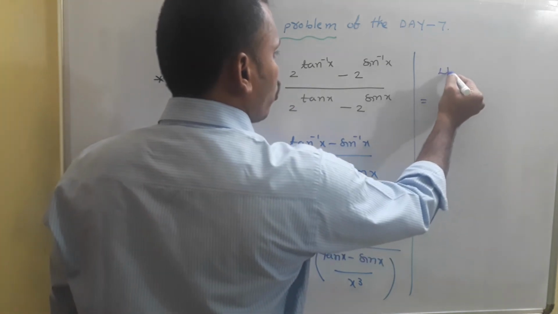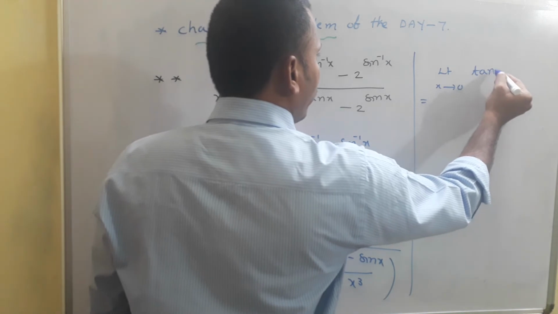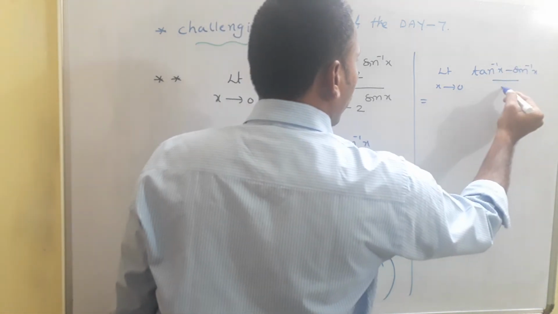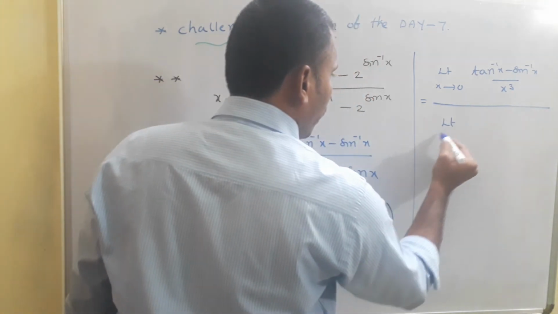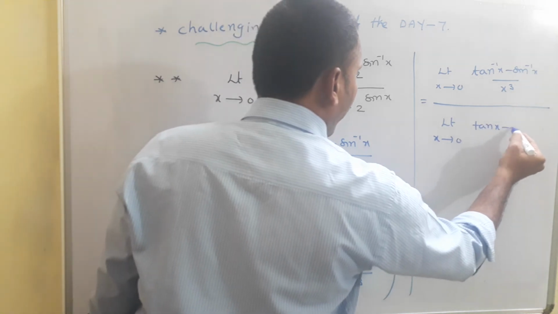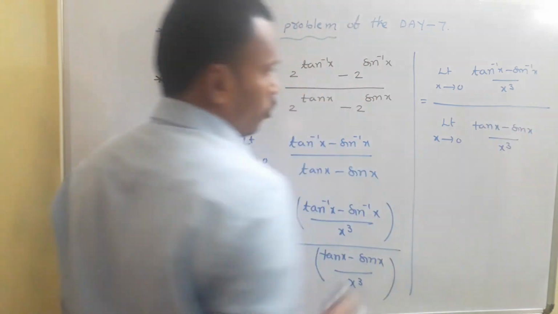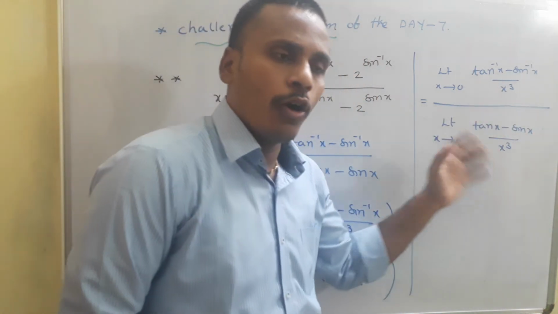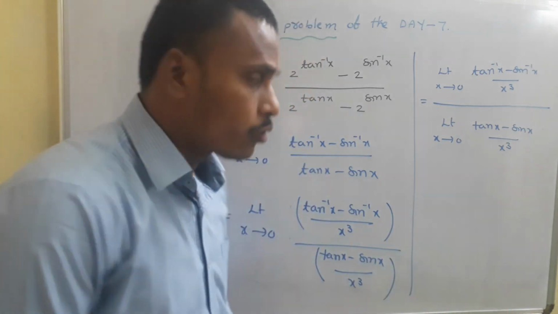The problem will become like this: limit x tending to 0 of tan inverse x minus sin inverse x divided by x cube, divided by limit x tending to 0 of tan x minus sin x by x cube. And now see, these two are standard formulae of limits. We already have problems related to this in our first worksheet also.